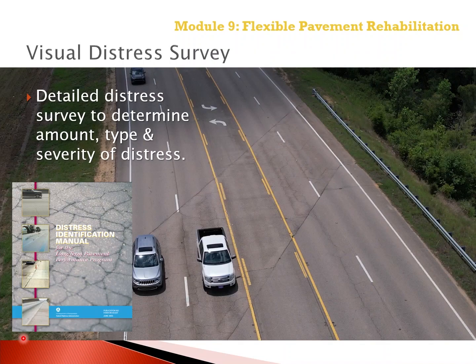And one of the very important items from the project evaluation and condition assessment task or activity is to conduct a detailed distress survey to determine the type, amount, and severities of distress that have occurred along the rehabilitation project length.